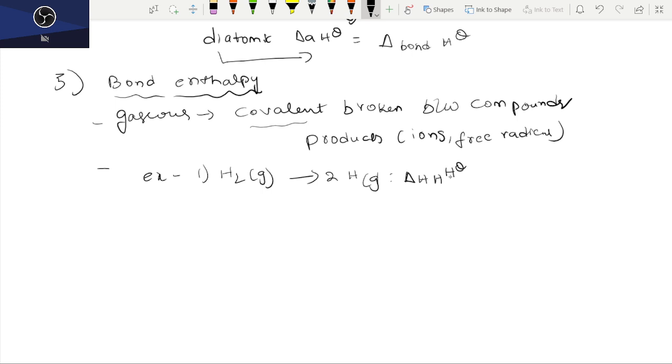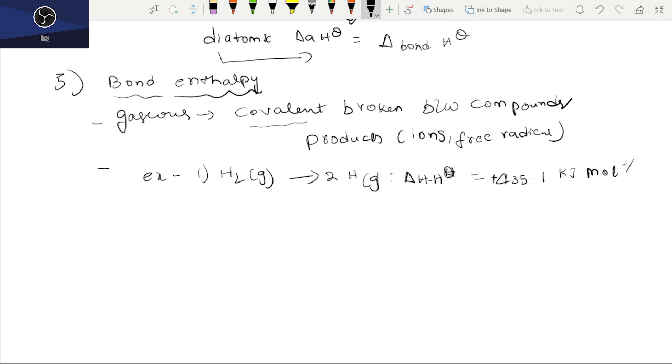Now the energy for this hydrogen to form two hydrogens from H2, 435.1 kilojoules per mole, is going to be required.